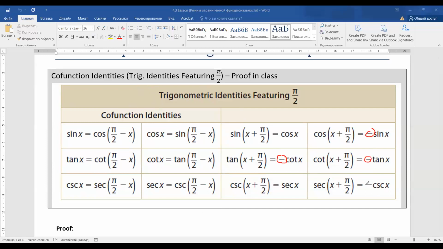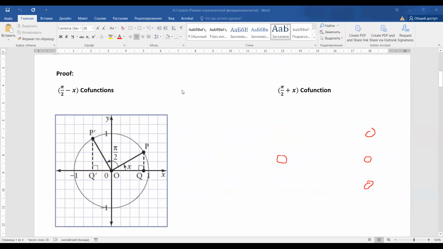It's because it's related to quadrants, to the CAST rule, and how positive direction rotation and negative direction rotation affect the result. Keep this in mind, guys. This is a very important table for your reference.